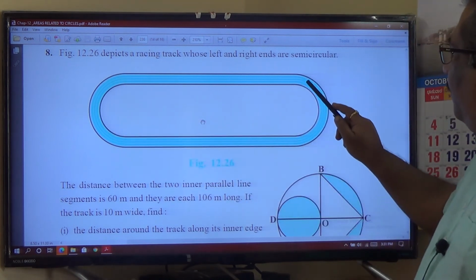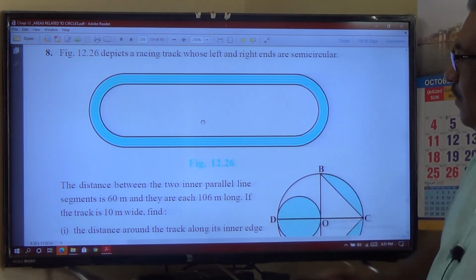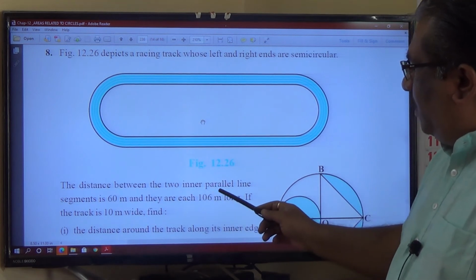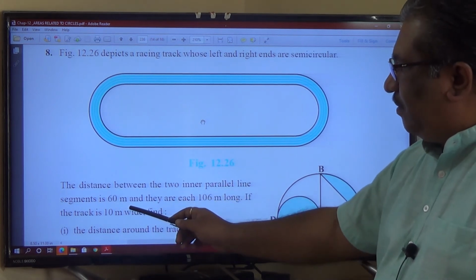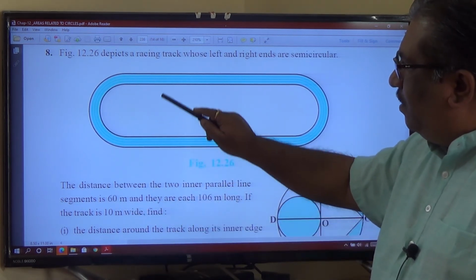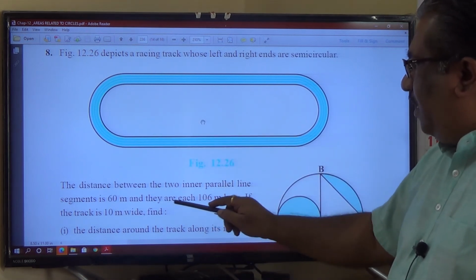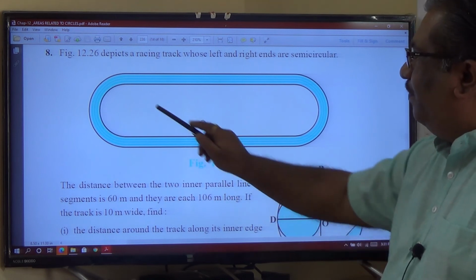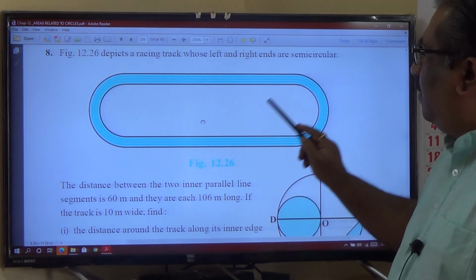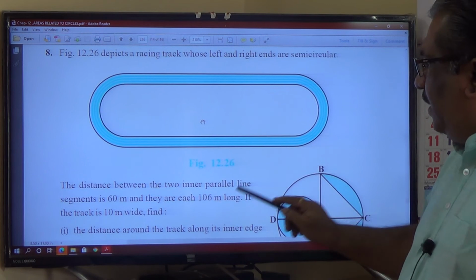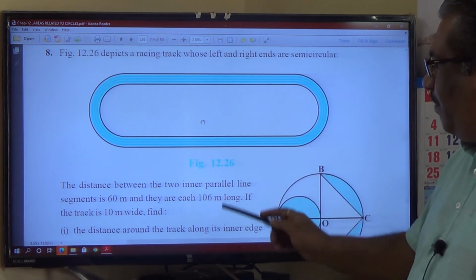The distance between the two inner parallel line segments is 60 meter, from here to here, and they are each 106 meter long, from here to here, inner parallel lines.